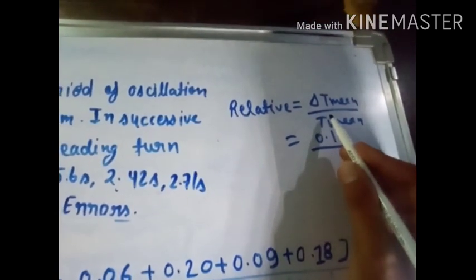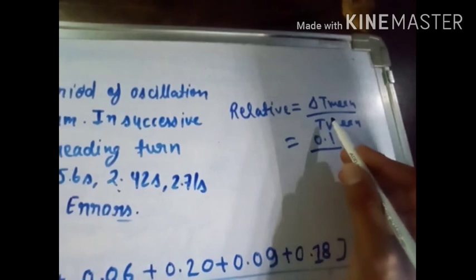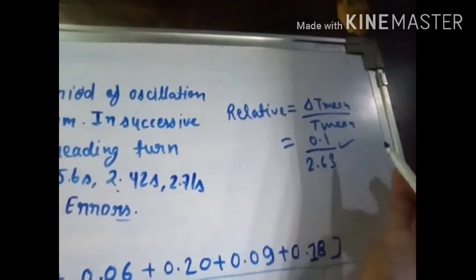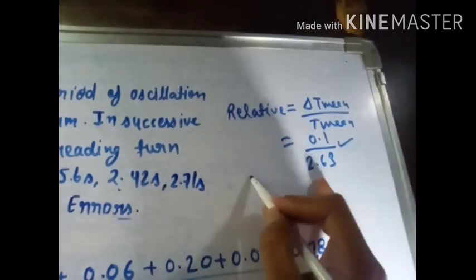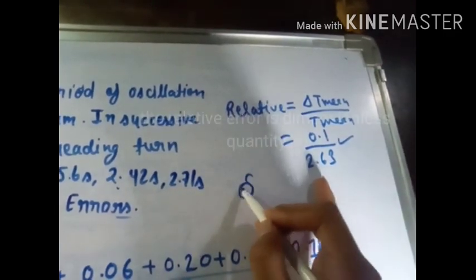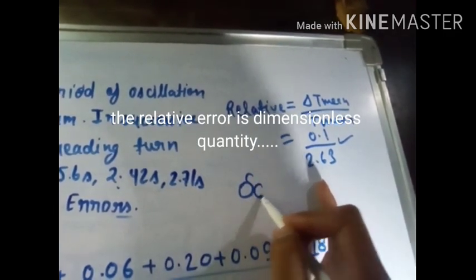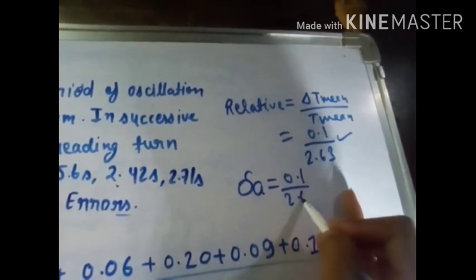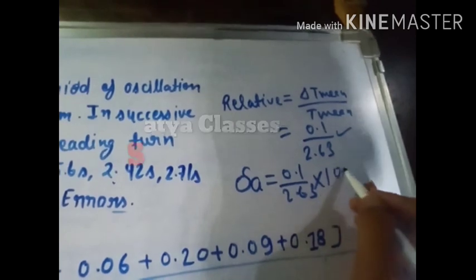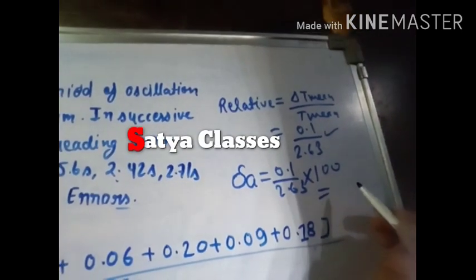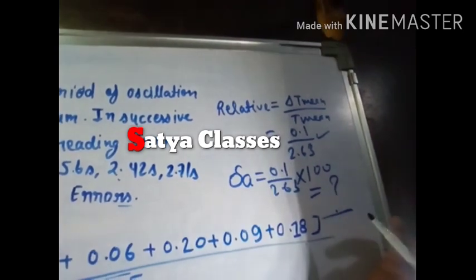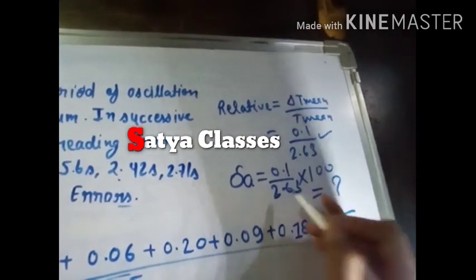And what is t mean? 2.63. This is the relative error, and when I calculate the percentage error, it equals 0.1 upon 2.63 multiplied by 100. Calculate it and post your answer in the comment section. I will check the comment section.